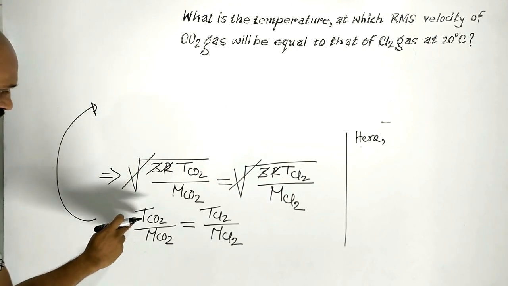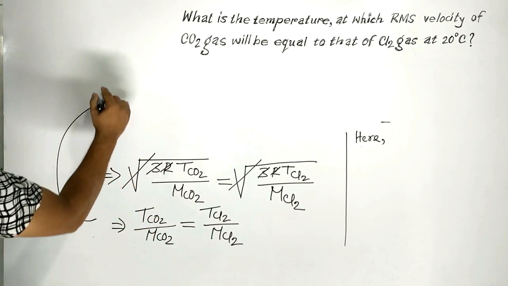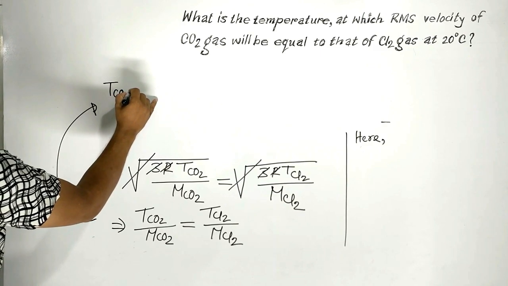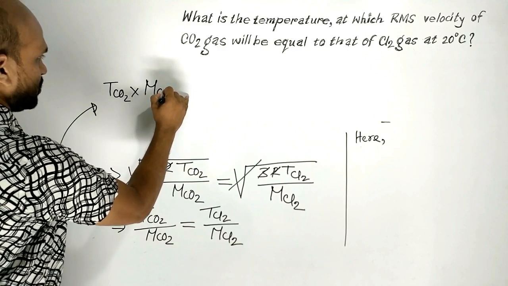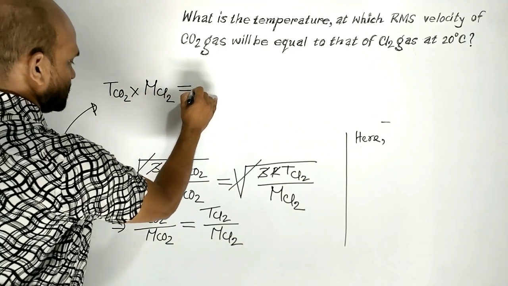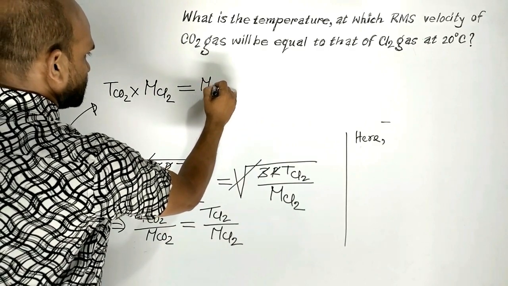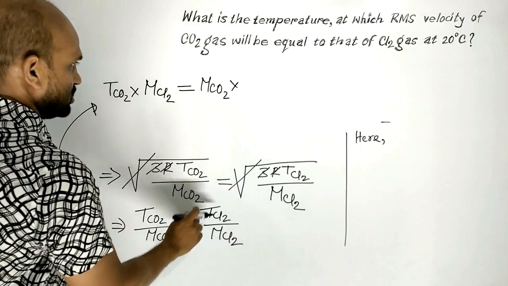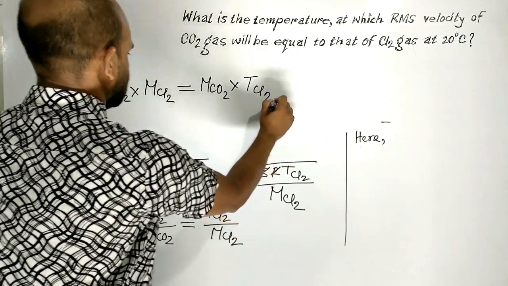That is, we have to calculate Kelvin temperature for carbon dioxide gas. So here carbon dioxide gas into molar mass for chlorine gas is equal to this molar mass for carbon dioxide gas into Kelvin temperature for chlorine gas.